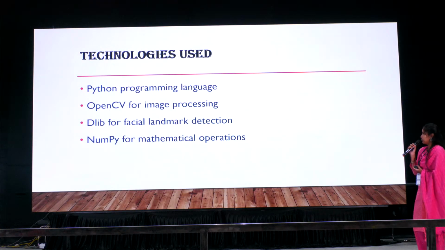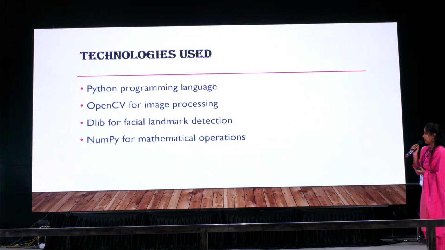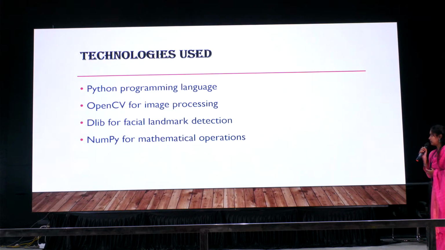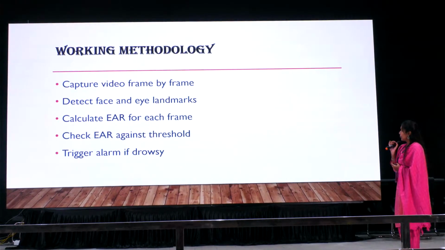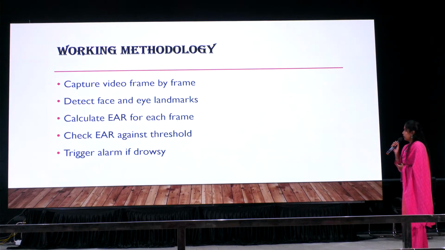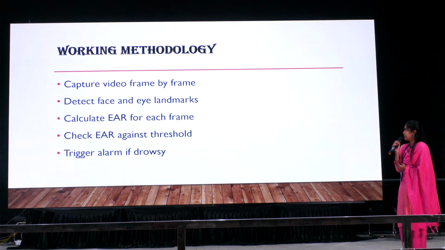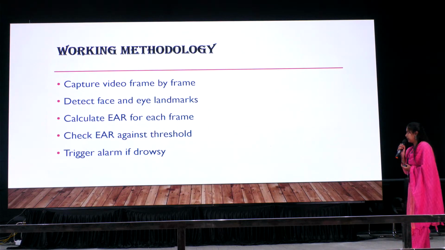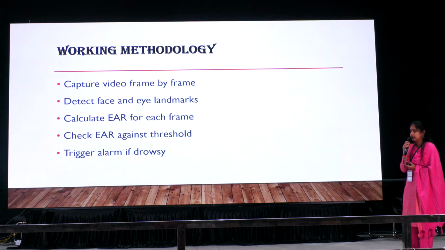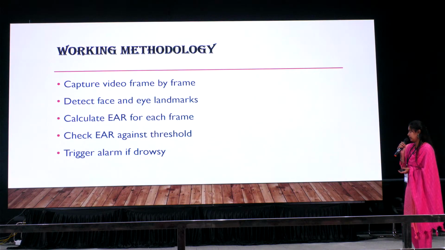Technologies used: Python programming language, OpenCV for image processing, Dlib for facial landmark detection, NumPy for mathematical operations. Working methodology: the camera captures video frame by frame, detects face and eye landmarks, calculates EAR for each frame, checks EAR against thresholds, and triggers an alarm if the driver is drowsy.